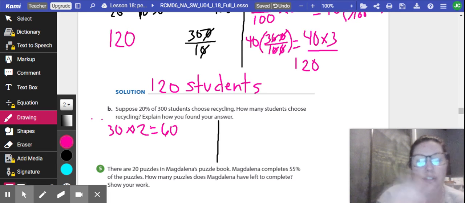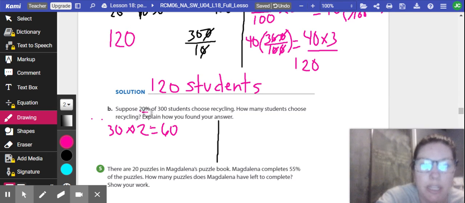Okay, but now let's do it the mathematical way that we had talked about. So we're going to take our percent and put it over 100.